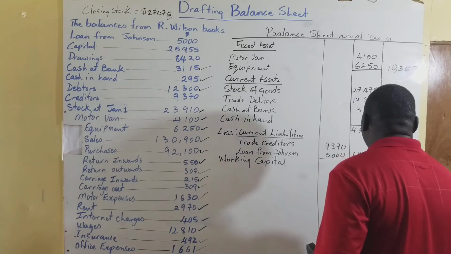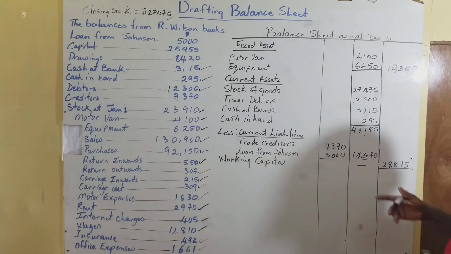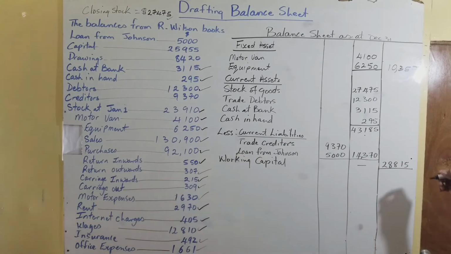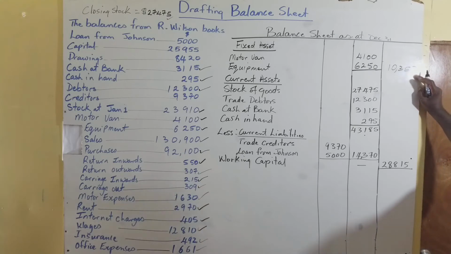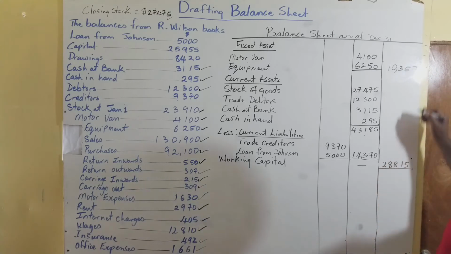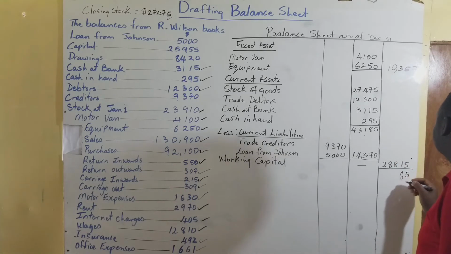I always like to put a dash there so that we know we're not doing anything right here. Okay, so now that we have found the working capital, we're going to add the working capital with the total fixed assets. So let's do that now. When we add, we're getting 5 here. 5 plus 1, that's going to be 6.